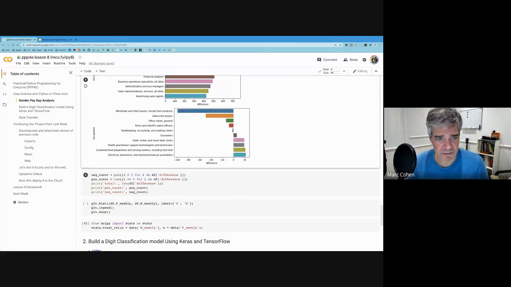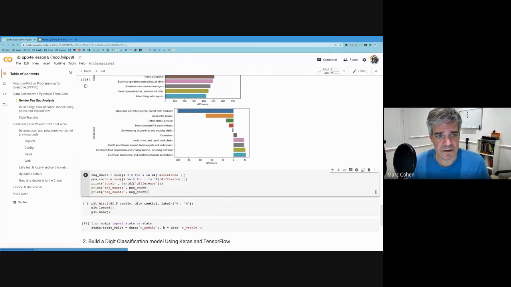And it's easy enough to do. We just run the sum function on the data frame differences for which that difference value is less than 0, and we call that the negative count. And then we do the same thing for where the difference is greater than or equal to 0, and we call that the positive count.